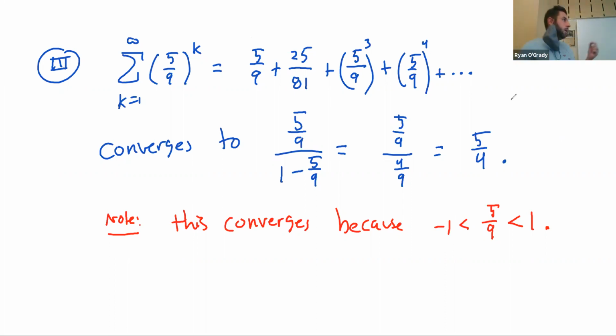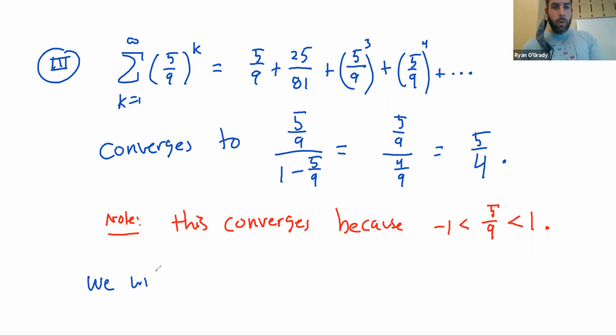So you need this number, which some people call the ratio, this R, to be between -1 and 1. Don't confuse this 4 with the 9. This right here is a 4, this blue one. This is 5/4. Well, this isn't what we're studying. This is the sum. This is the limit.